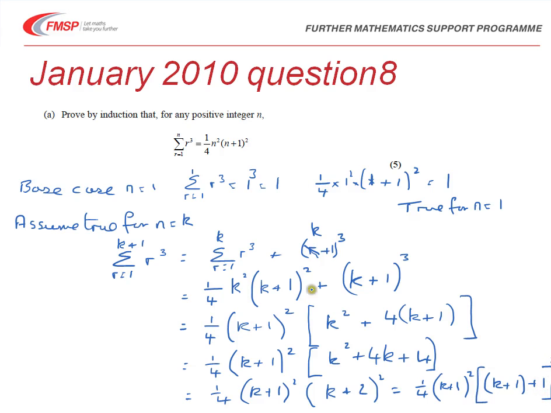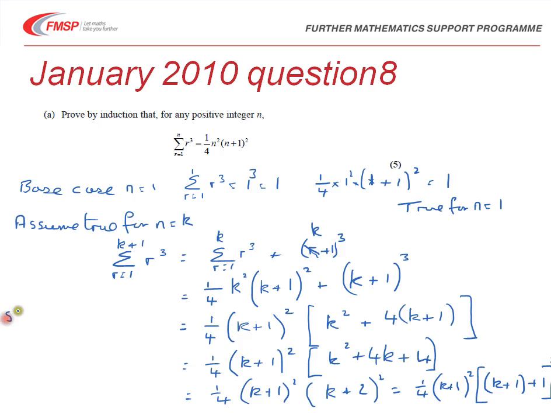So then that's our formula with, instead of n squared, (n+1) squared, we've now got it as k+1. So here we've proved that our formula is true for n equal to k+1. If we assume that it's true for n equal to k, we've then shown that it is true for n equal to k+1.